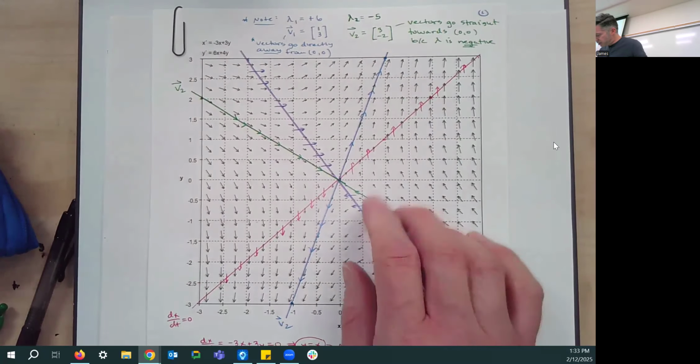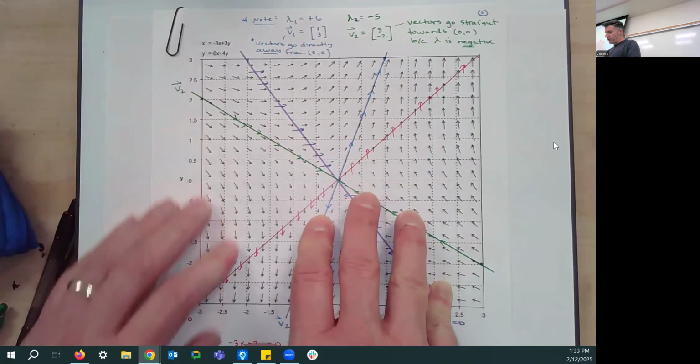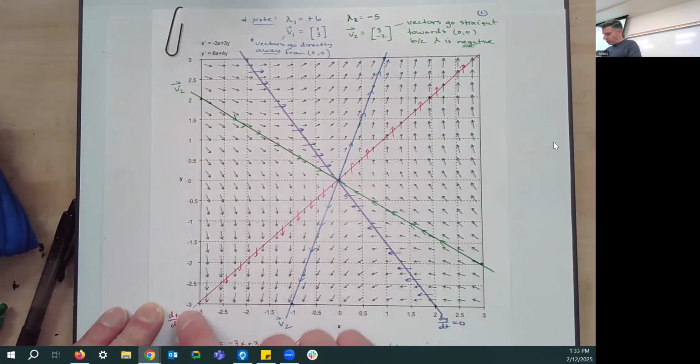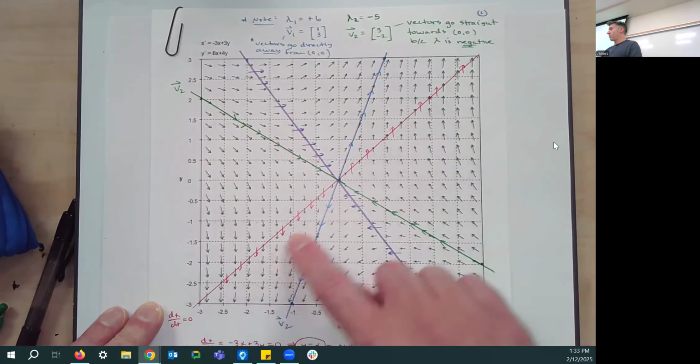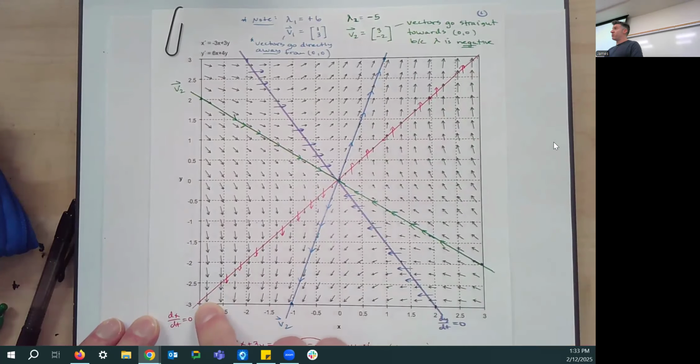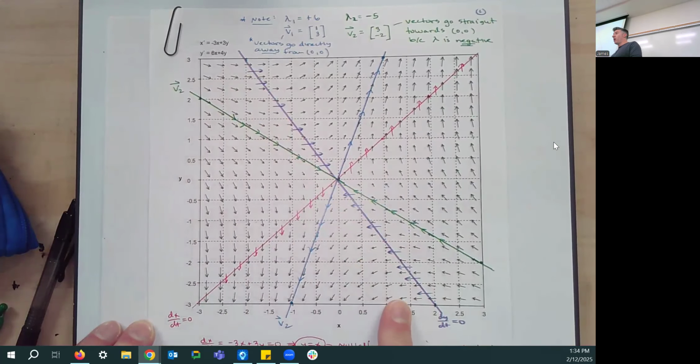You can see along this line here in red, all of the arrows are pointing purely vertically. So that red line would be our x null line, where dx/dt is equal to 0. In a similar way, this purple line, where all the arrows are pointing horizontally, is our y null line, where all the dy/dt's are equal to 0.